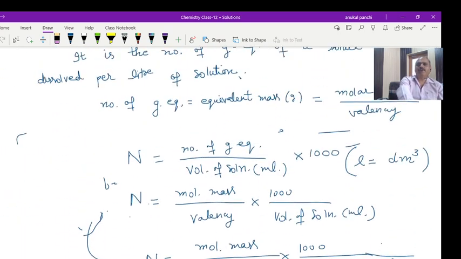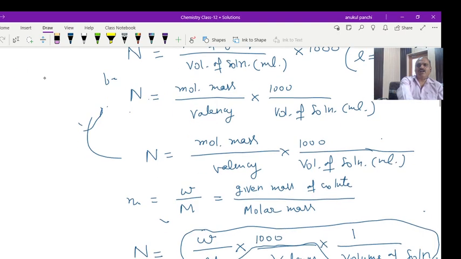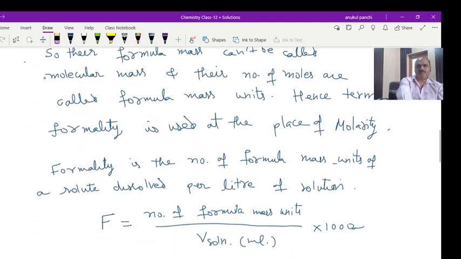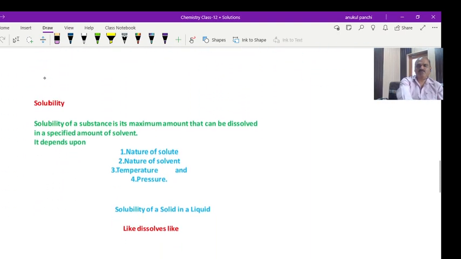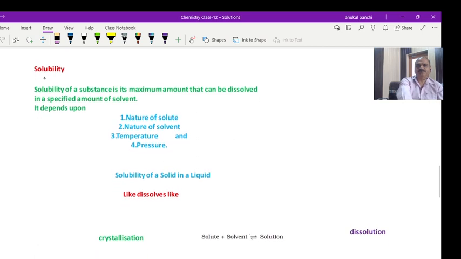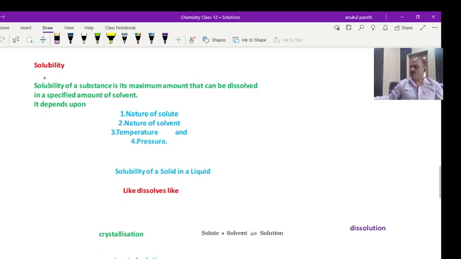Now we are going to study about solubility. Our first topic is over. We have learned various methods of expressing concentration of solutions. Next topic is solubility. How to define it?